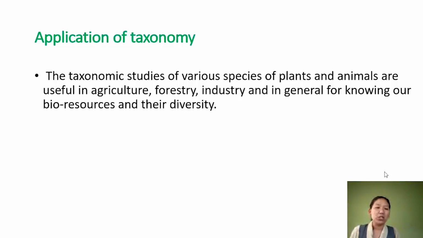For agriculture, you cultivate various types of food plants, and for that again you have to identify which species of grasses is good for animals, or which type of wheat or maize grows in a particular type of environmental condition.